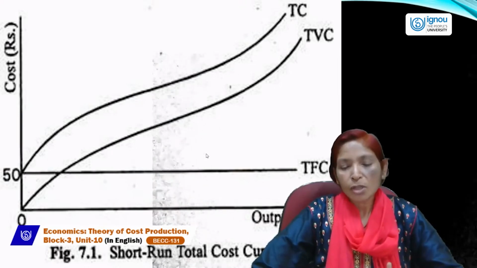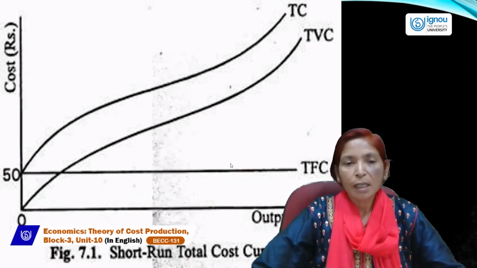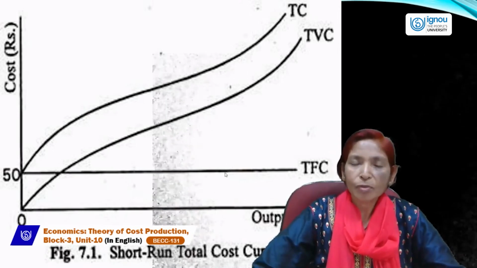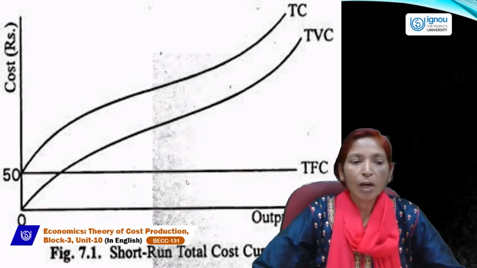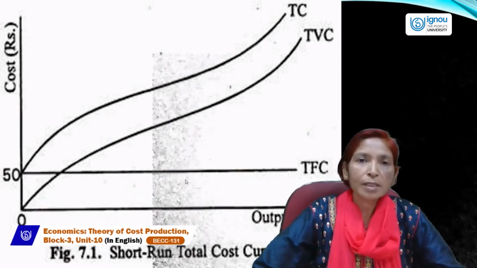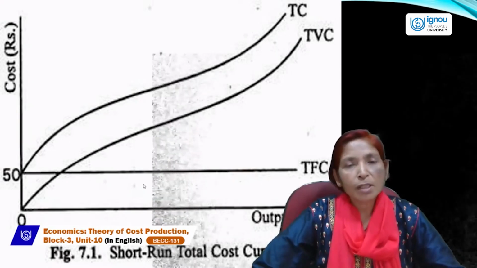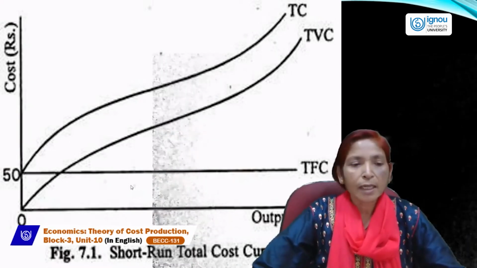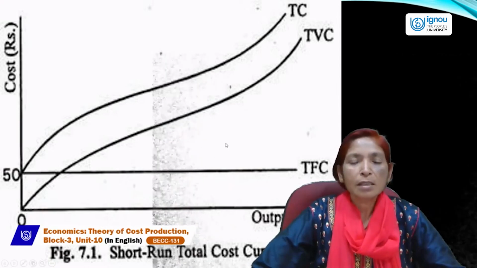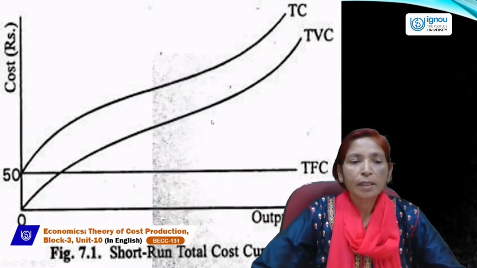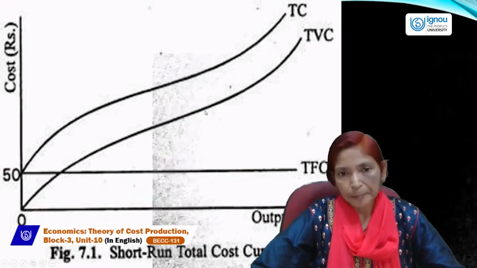It means variable cost will rise as output rises. If output is less, variable cost will be less. And if you are not producing any good, if output is zero, then obviously total variable cost will be zero. That's why the total variable cost curve always starts from the origin, and its shape is always a reverse S shape. And this TVC shows that as output increases, cost also increases.